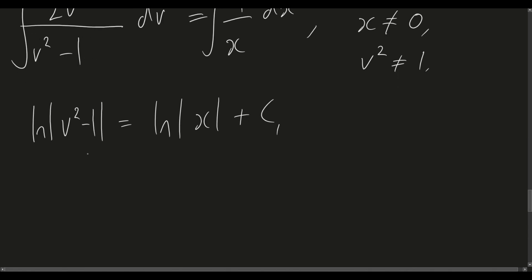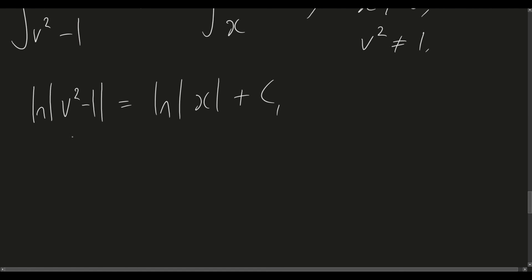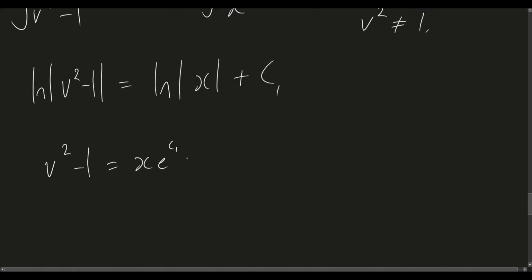So let's keep going. We'll take the exponential of both sides, and the exponentials will cancel out, so all we're left with is v squared minus 1 equals x e to the c1, and then I can just rewrite e to the c1 and write it as c sub 2.